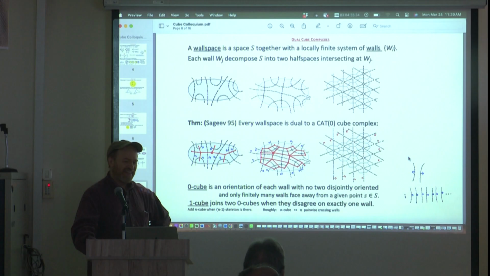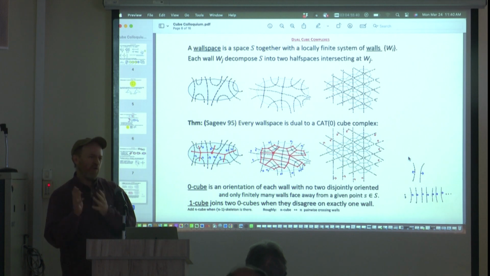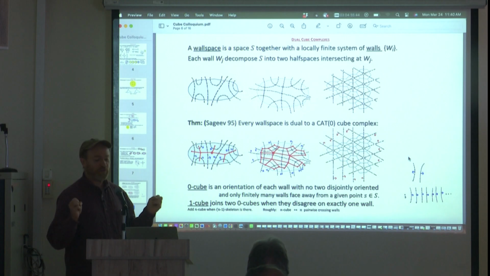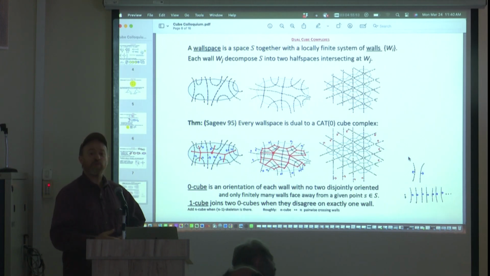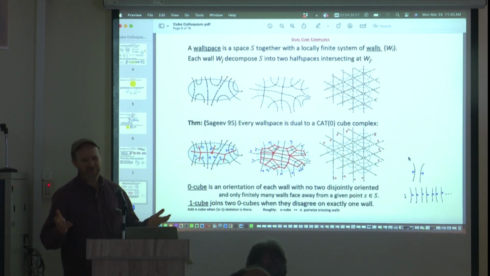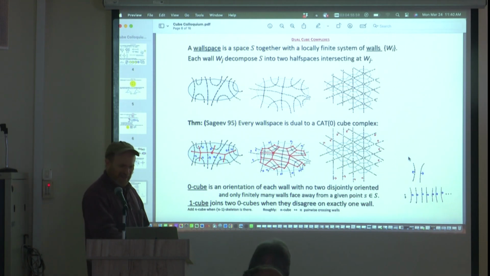And each wall is really just a partition. Haglund and the two Frederics are very abstract thinkers. For them, when they abstracted this notion, it was really a set together with a collection of partitions of the set with certain properties. But I'm not going to do that to us. We'll be very concrete about it.